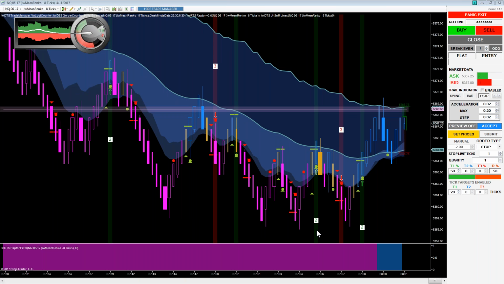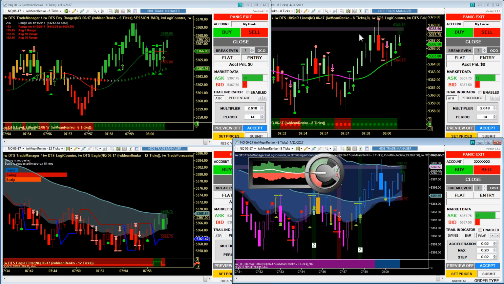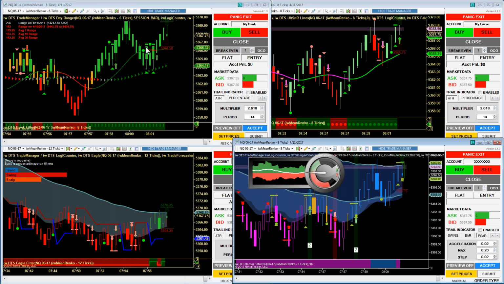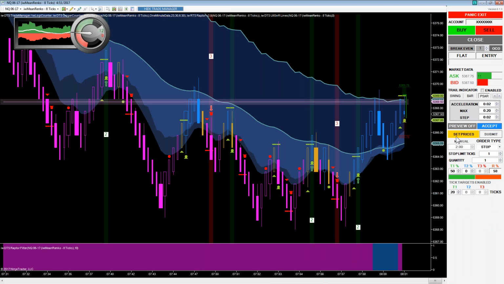Okay, it looks like we're finally going to get that reversal. We're working a trend change signal here on the Falcon. We've already had the first micro macro cross and the macro pullback. I've been focusing here a little bit on the Raptor.